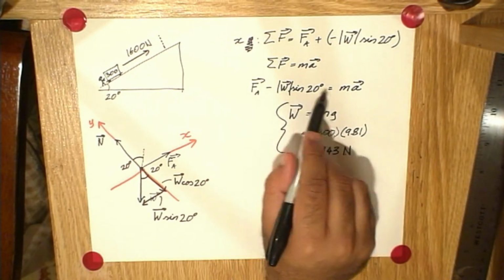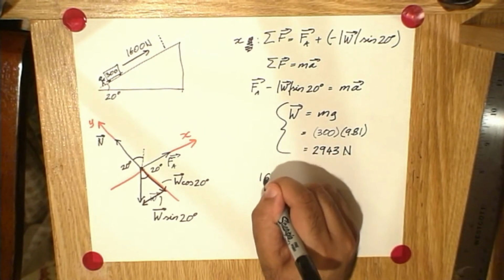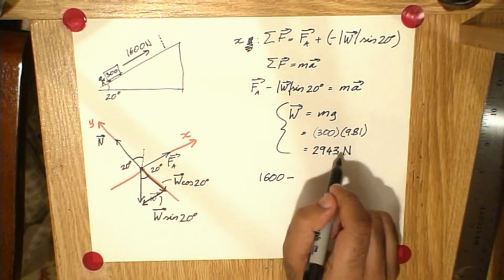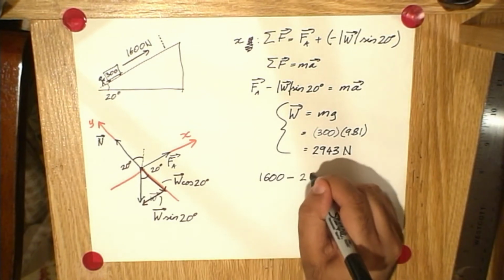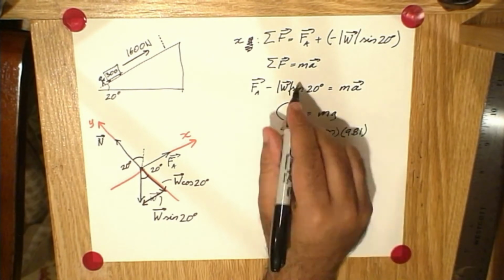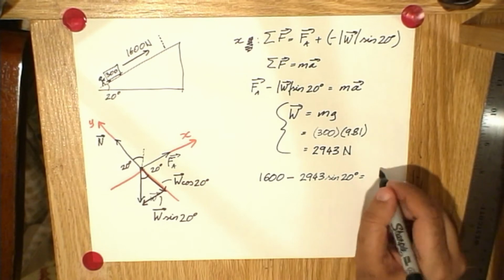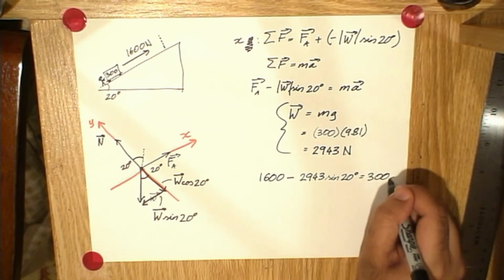So plugging that and all of the other known quantities in here, the applied force was 1,600 minus the weight was 2943 sine 20 degrees for the x component is equal to a mass, 300, times the acceleration.